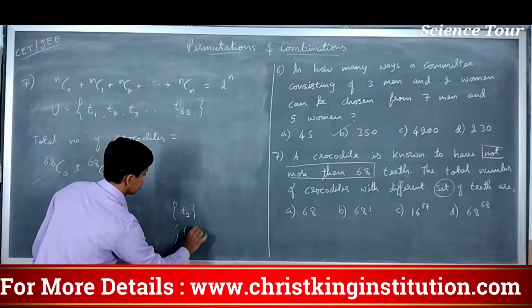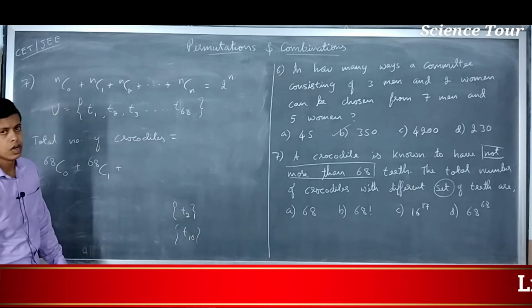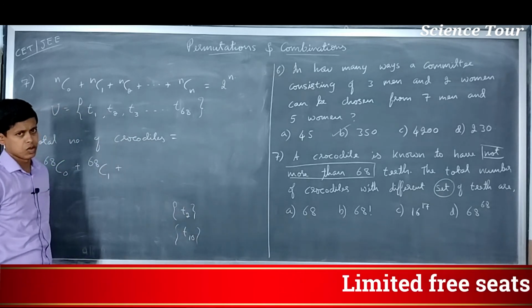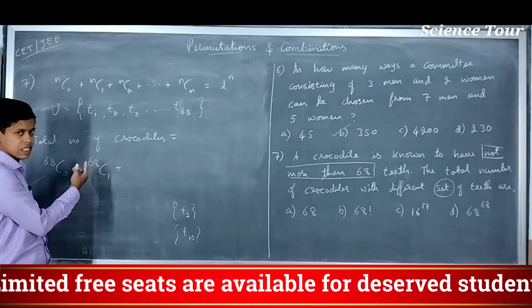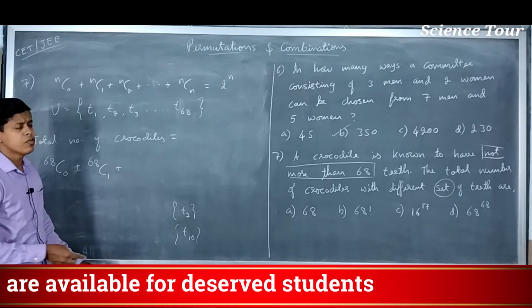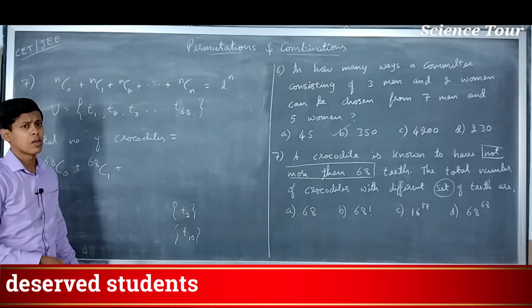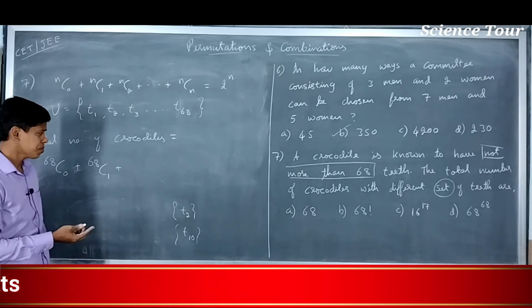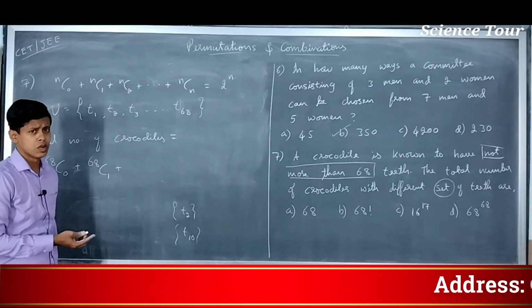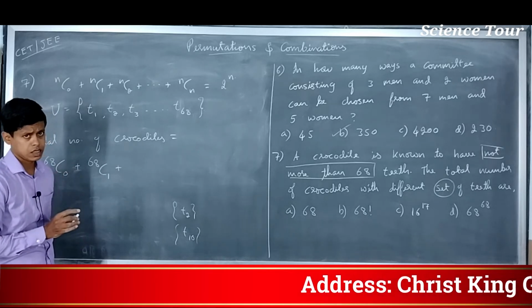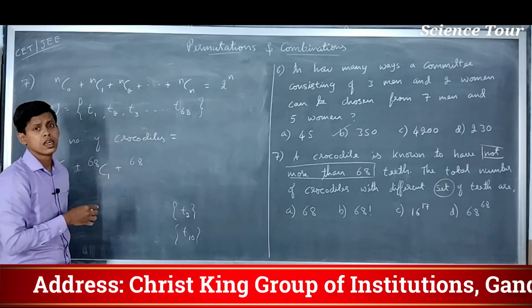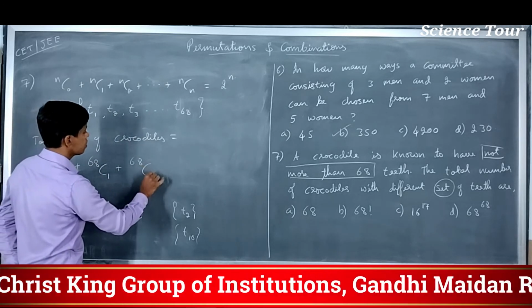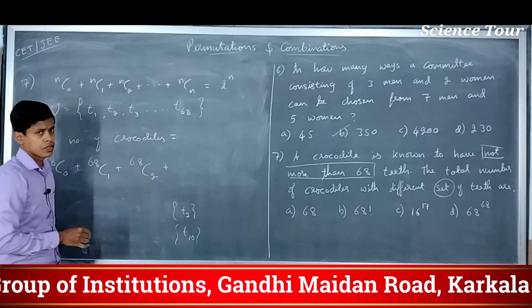Anyone. So totally 68 possible. Right, so nC1 is n, 68C1 is 68. Next, how many different crocodiles are possible with 2 teeth? Out of 68 different teeth, you have to take 2 at a time.